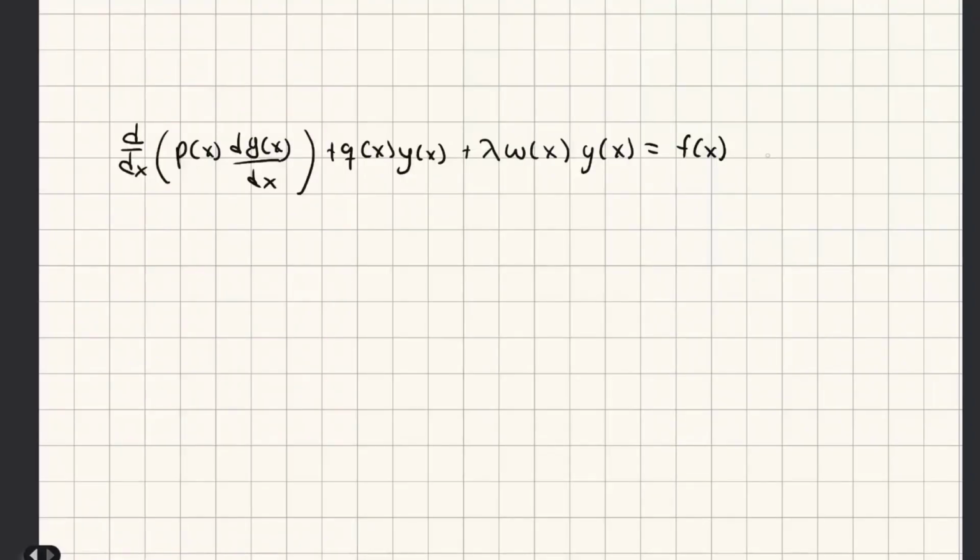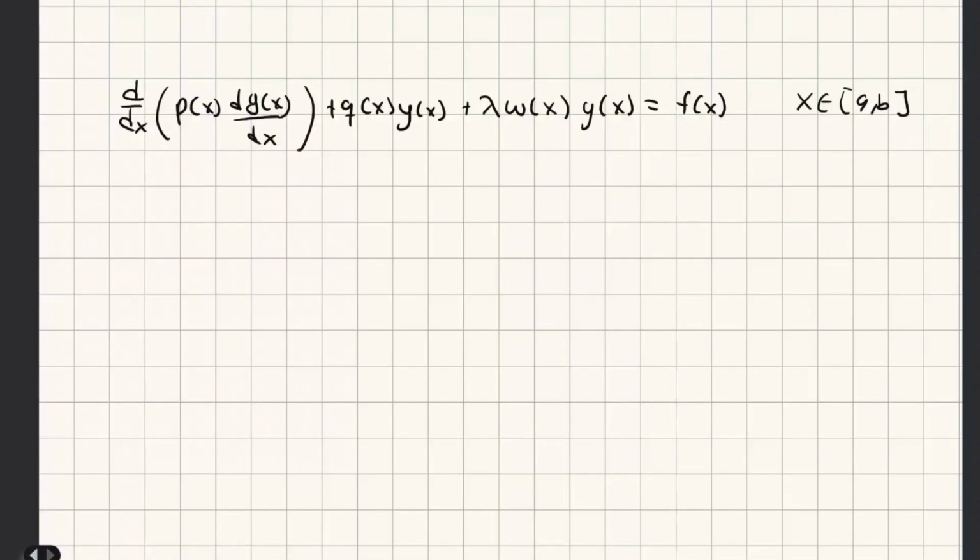In this case, the differential equation is defined on the closed interval a, b. We know that this equation has the structure of the Sturm-Liouville differential equation, where you should remember that p, q, w, and p prime are real continuous functions in this interval, and that w of x is known as the weight function. So we have the Sturm-Liouville problem inhomogeneous.